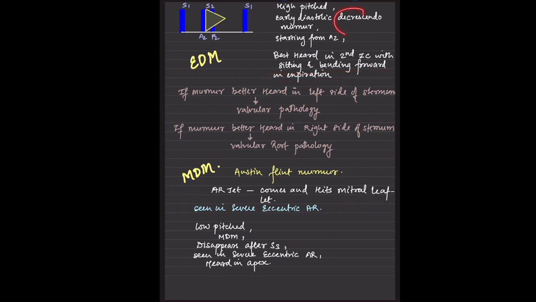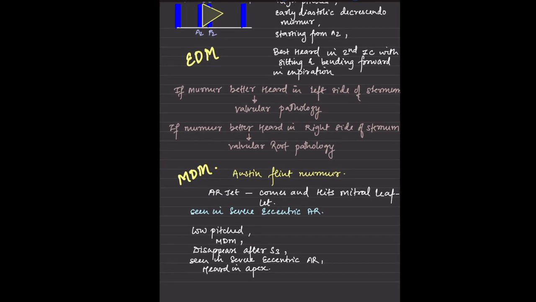It is a decrescendo murmur. We are aware of it. Whenever this murmur is heard best on the right side, it is a valvular root pathology, and if it is on the left side, then it is a valvular pathology. So this could be determined.